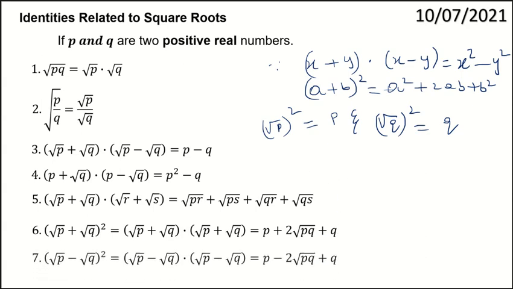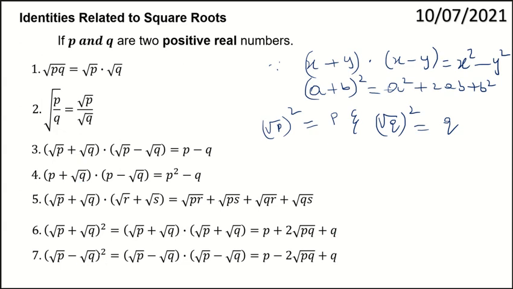Similarly, another identity: root p minus root q whole square, I am using the a minus b whole square identity, that is a square minus 2ab plus b square. So p minus 2 times root pq plus q.